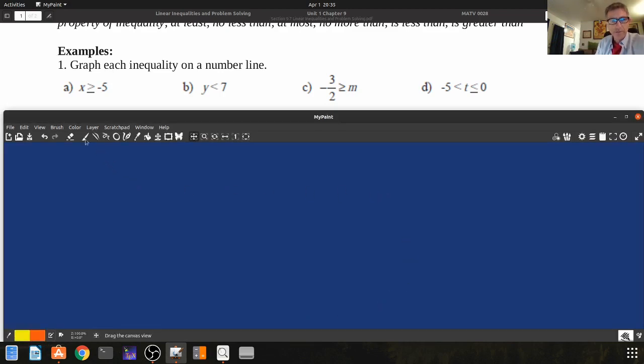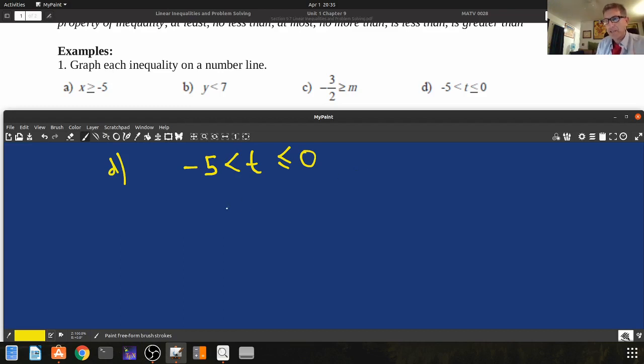So let's do number D. Number D says minus 5. We have this, and I've got to show you what this means. So this is called a compound inequality, and there's two ways to read that.